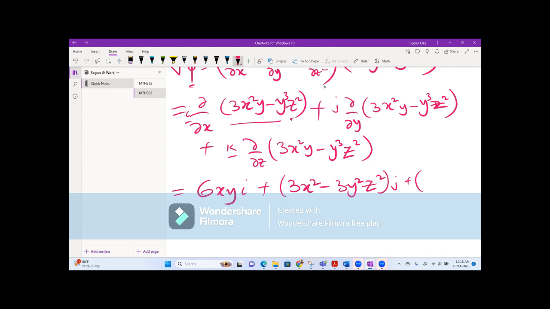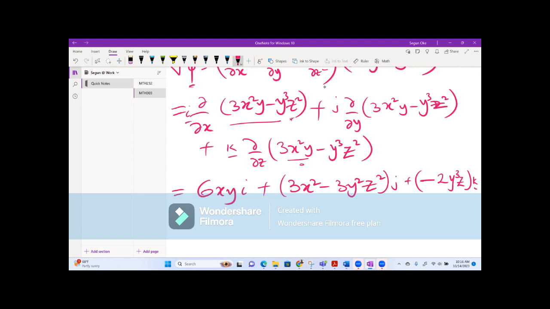Plus, when you differentiate, there is 0 here. It will be minus 2y cubed z. Okay. That is what we have.